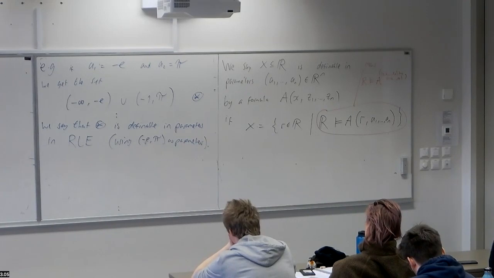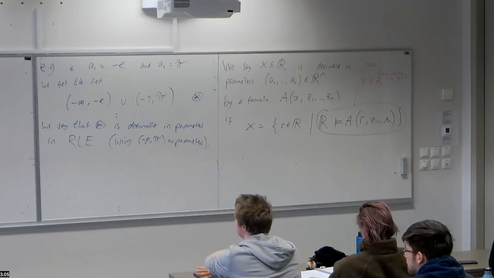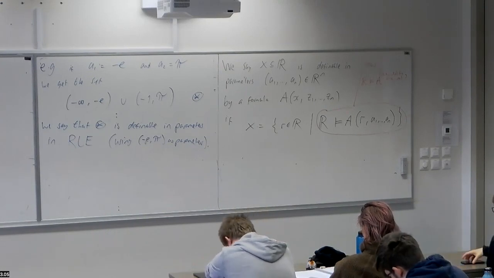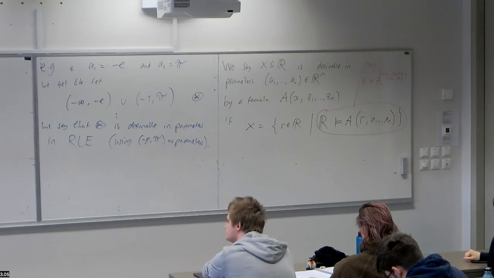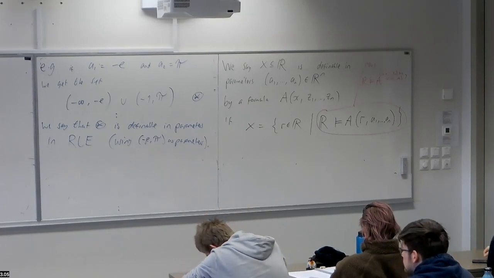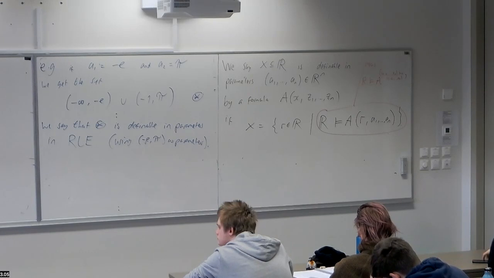Again, I don't want to give a fully detailed proof, but the proof is rather straightforward. One direction is easy, but if you've got a finite union of intervals, then they're definable in parameters. So this is easy.